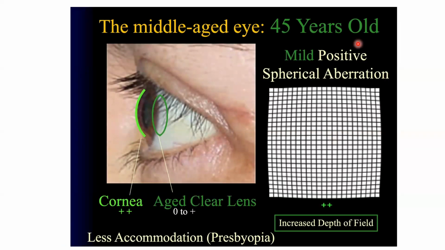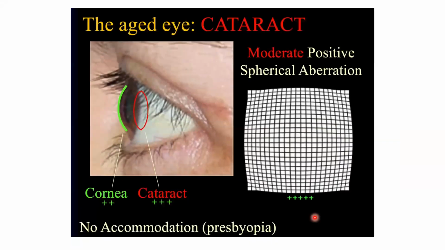So the patient is going to have mildly positive spherical aberration, and this is still going to give him a good increased depth of field. When we consider that the patient also has lesser accommodation due to presbyopia, this mild positive spherical aberration is going to help us overcome that lack of accommodation a little bit.